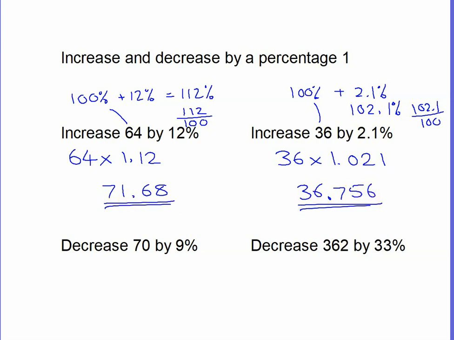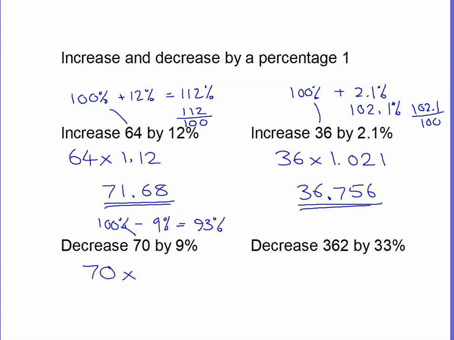Now decrease, some people find it harder. You've just got to be a bit careful with it. So if we're going to decrease now, what we've got is 100%, but we're going to be taking away 9%, so we end up with 93%. So we want to make it smaller than what we started with, so it's called a percentage multiplier, so we're going to multiply.